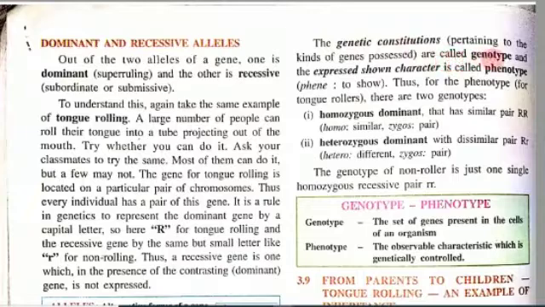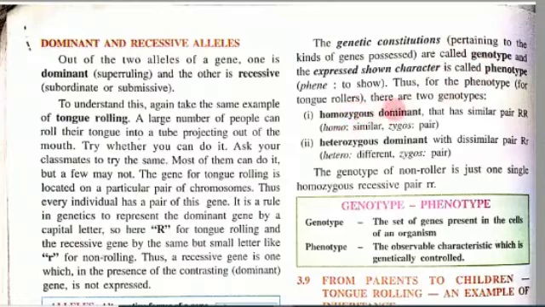The internal makeup is called genotype. For example, the genotype ratio is 1:2:1, because it shows the internal gene pairing. Phenotype means external appearance, the 3:1 ratio. So the phenotype ratio is 3:1 and the genotype ratio is 1:2:1.